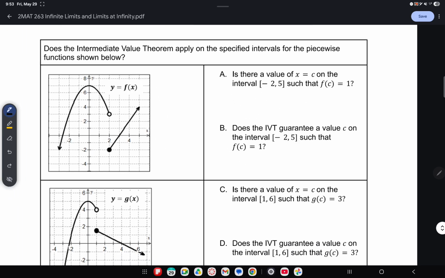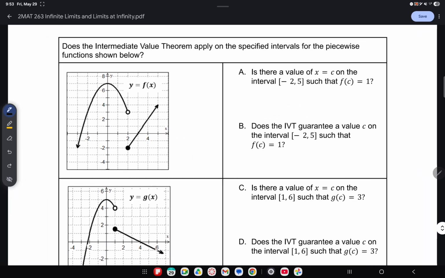All right, so let's look at some. Does the intermediate value theorem apply on these specific intervals of these piecewise functions? Is there a value x equals c on the interval -2 to 5 such that f of c is 1? So let's see. f of c is 1. Here's 1.